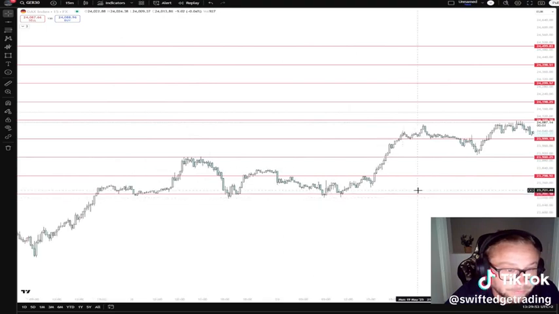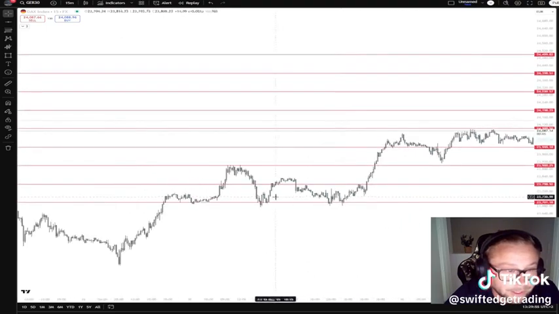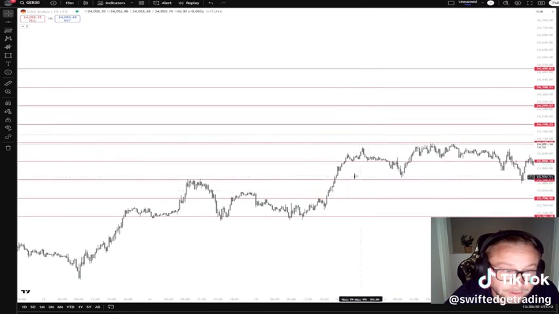So every time we get a breakout from this line here, the round number, our target is the next one. So we get a very clean breakout here, we target the next one, and this, if it holds, is gonna be your new floor for the resistance.